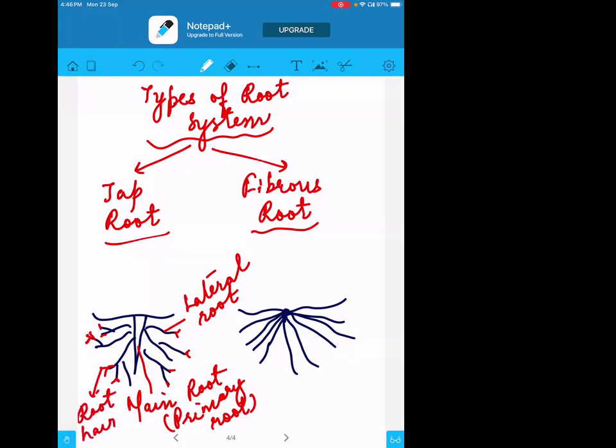And through these root hairs only, they will be absorbing the water. So both kinds of roots will have root hairs on them. So here are the root hairs.